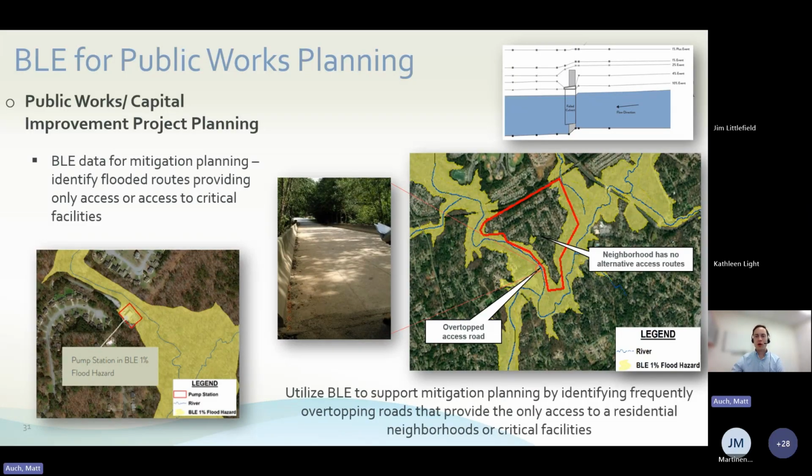And so by identifying overtopped roads, you can maybe plan whether there are alternative access routes, or do you need to elevate an existing road to reduce that flood risk? Or maybe you can construct an access road so that there's a back way into a neighborhood during a flood event.